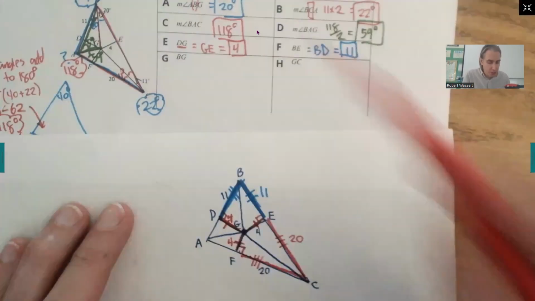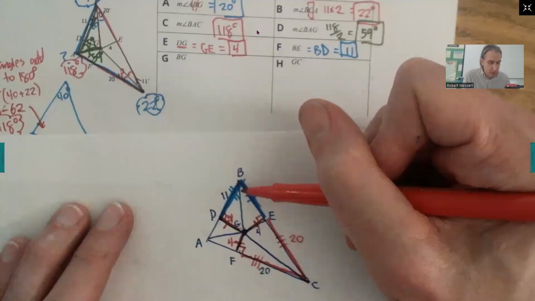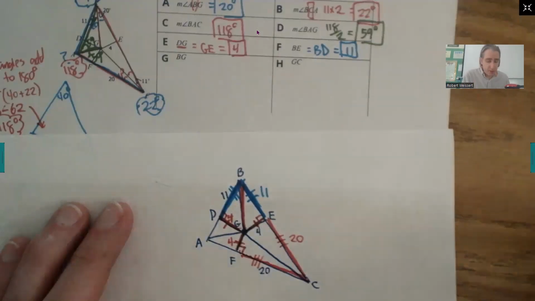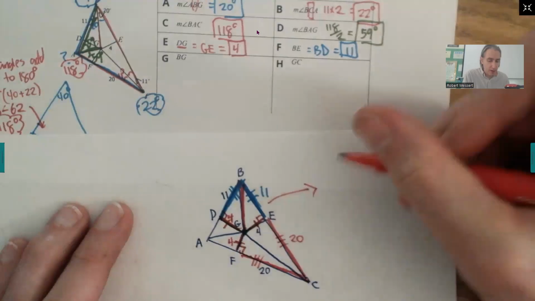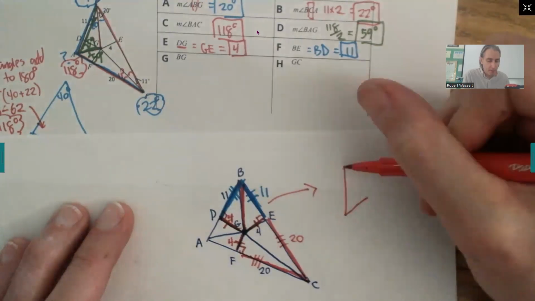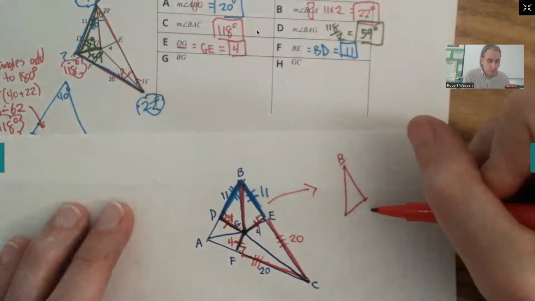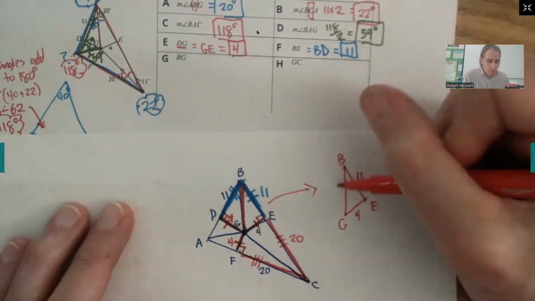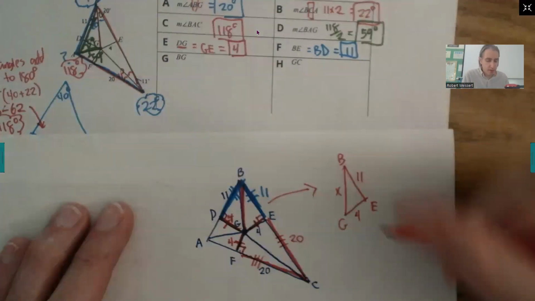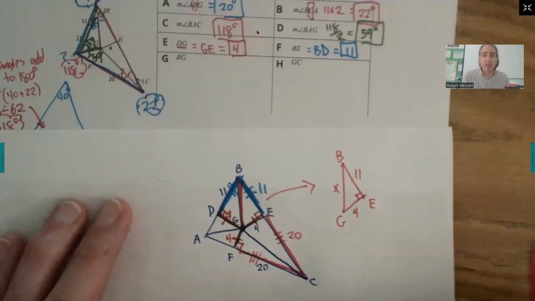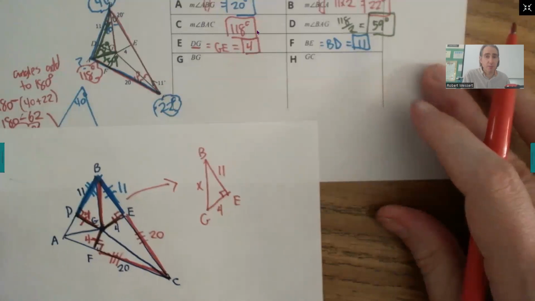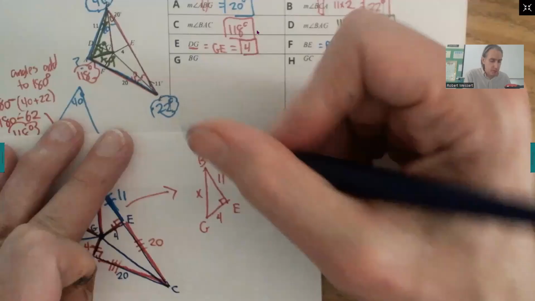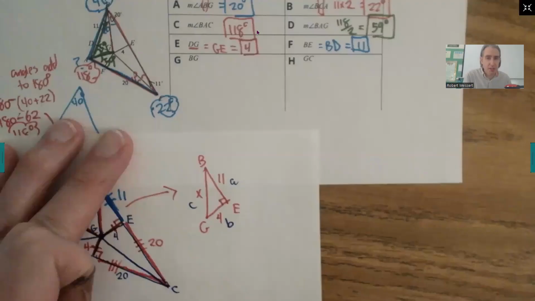I want to know BG. BG is this length right here. Well, that ends up being the hypotenuse of a triangle. If I pull that triangle out, I have the following. I'm solving for x. X is the hypotenuse in that triangle. So we're going to set that up, and we're going to say a squared plus b squared equals c squared.